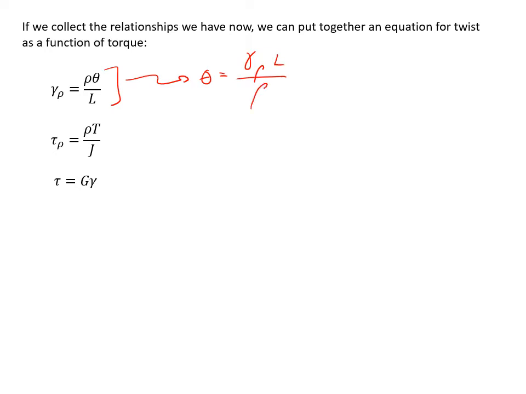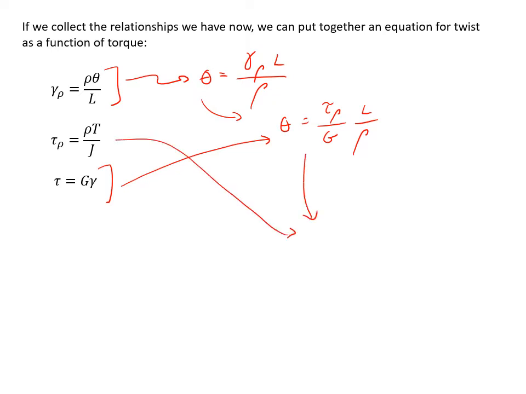We'll put that together with this one. Basically, we're going to replace the gamma rho there with tau rho over G, and that's multiplied by L over rho, and then we'll replace that tau rho in that equation with something that's got torque in it.